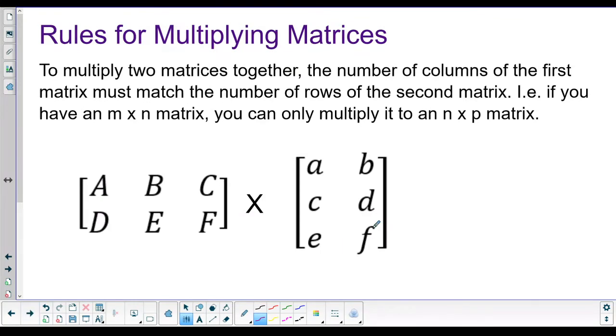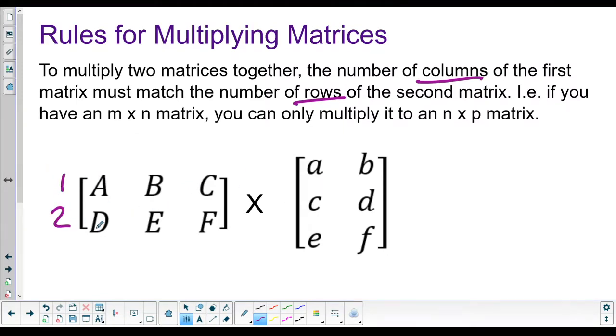All right, so let's go talk about the rules for multiplying matrices first, then we'll go look at a couple examples. Okay, so to be able to multiply 2 matrices together, the number of columns of the first matrix must match the number of rows of the second matrix. So let's write down the orders of these real quick.